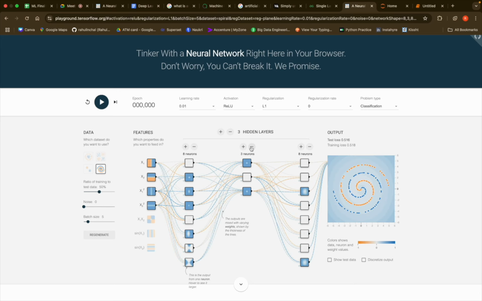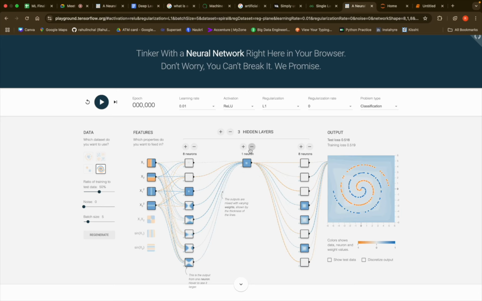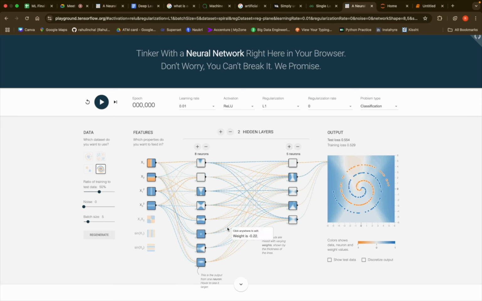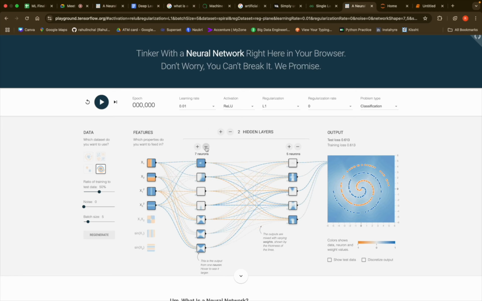Let us take out, 2 we keep. Fine. And keep it 8 and 4, or let us take like 6 and 4. See, the more hidden layers you keep, the more you keep making your model too complex, which you definitely don't want at that time, right?